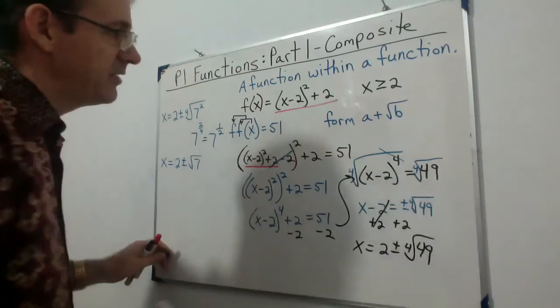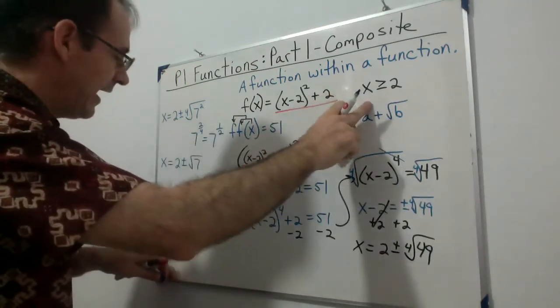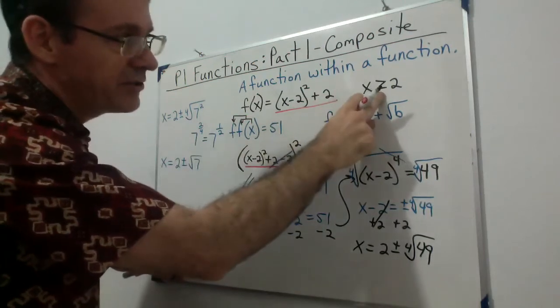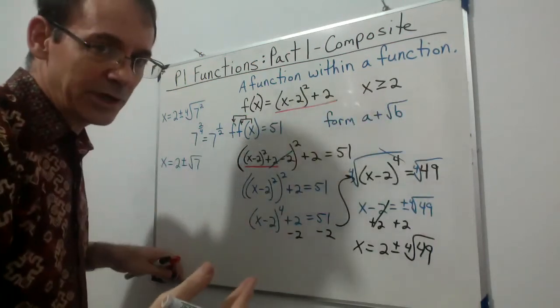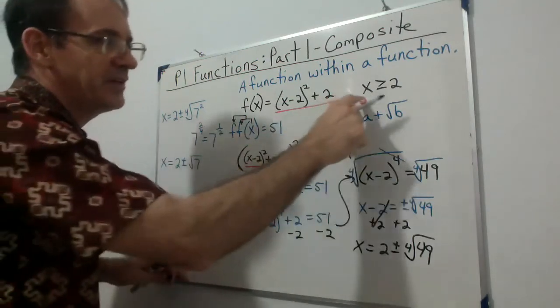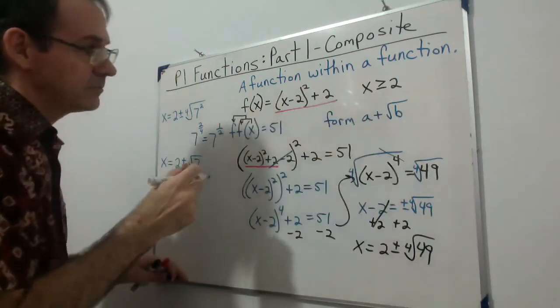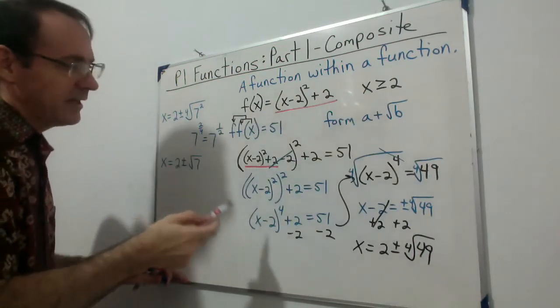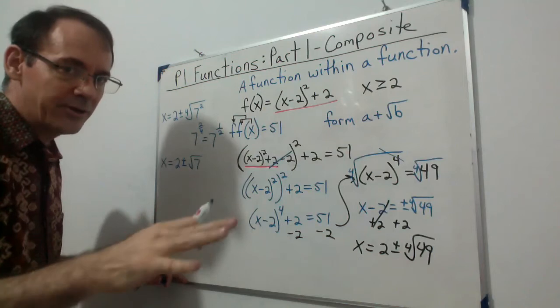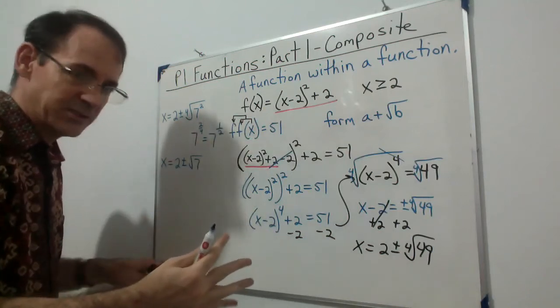So write it into the form of this, and notice x has to be greater than 2. Again, we come back to our domain to make sure that our solution set fits with our domain statement. Now, this is a composite function. Later, we'll talk about domain statements with composite functions.